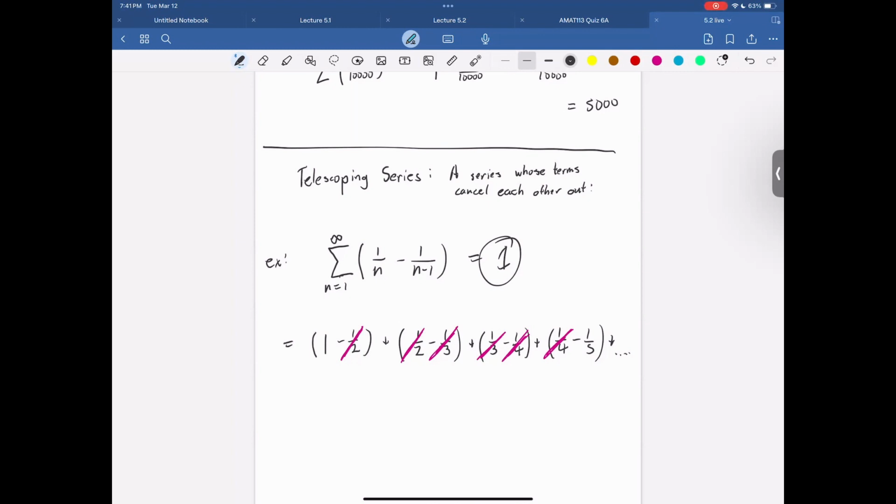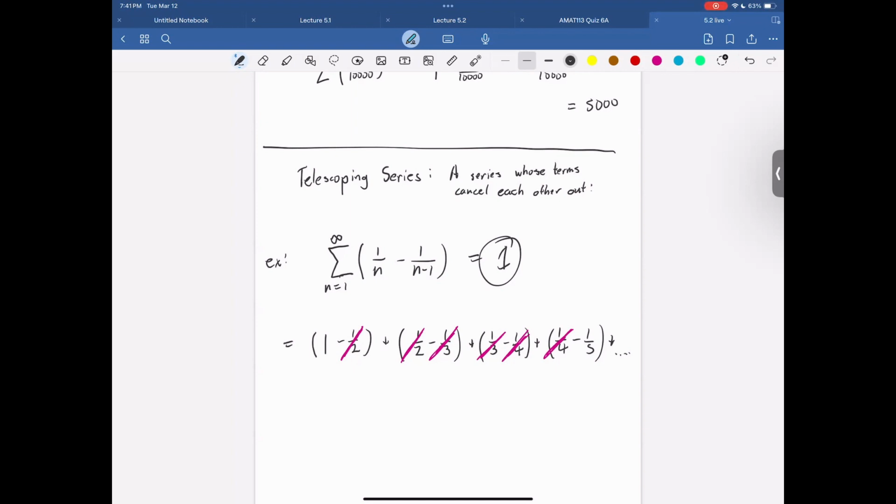And so when you're going through and experimenting with these things, take the time to determine what type of series we're looking at.